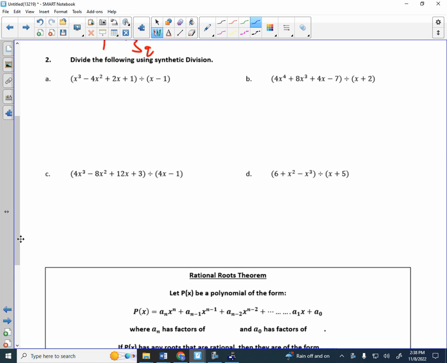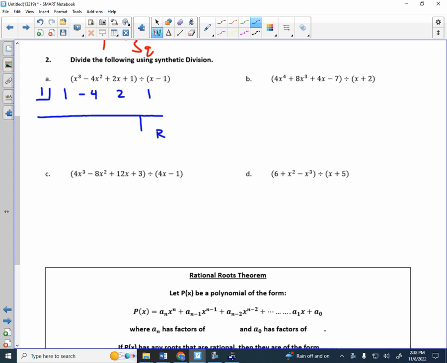I look at what number I plug in to make 0, and I put that here, and I use a half box. I then place the coefficients across the top: 1, -4, 2, and 1. I give myself space, and then I draw a line, and I use another half box there with an R to tell me the remainder. That's how I organize my work.